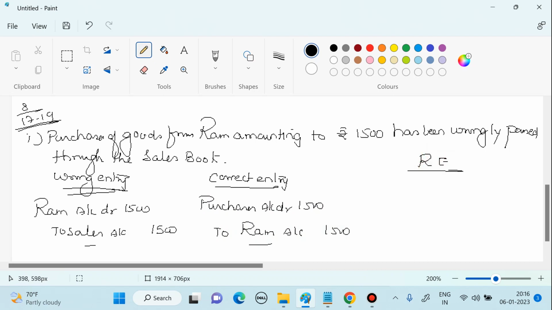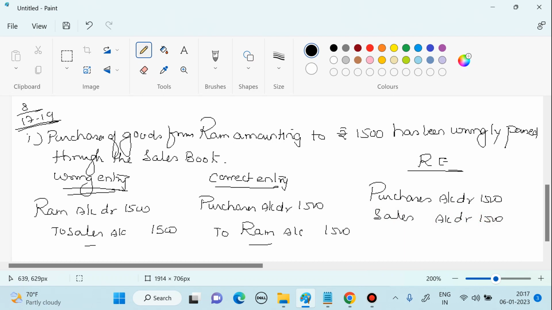If you see, purchases should have been debited, so we would debit it now, which was not debited before. Sales should not have been credited. So to nullify that, what are we supposed to do? Debit it.